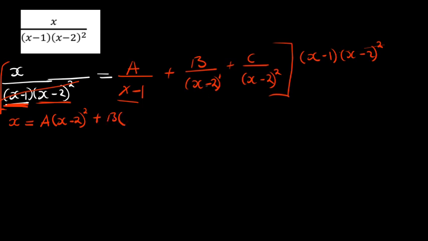Here we're just having one of these, so I'll remain with x minus 1 and x minus 2, then plus c. So it will be c times (x minus 1). So that is the function that we shall use to calculate all the values of a, b and c.